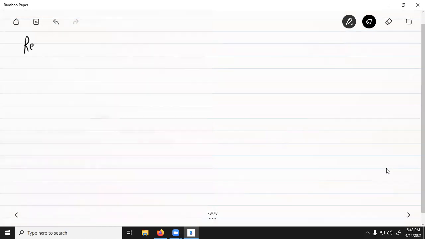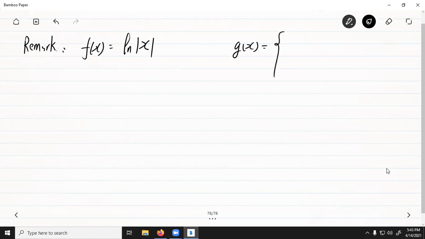For example, let's look at the remark. We have two functions. f of x equals natural log of the absolute value of x, right? We have another function, g of x, which is equal to natural log of x when x is greater than 0, and natural log of negative x plus 2 when x is less than 0. So you can say these two functions are exactly not the same thing, right? They are not equal.